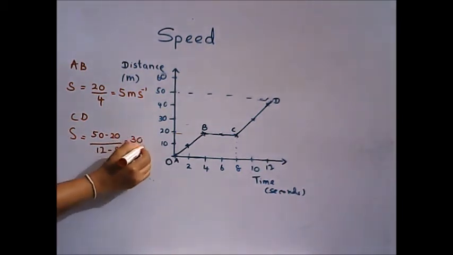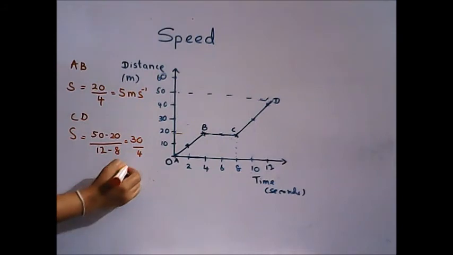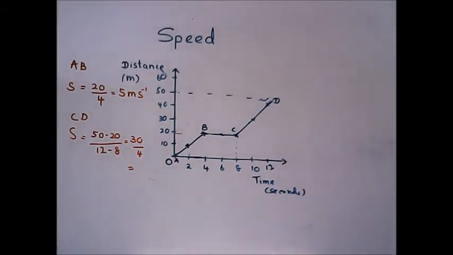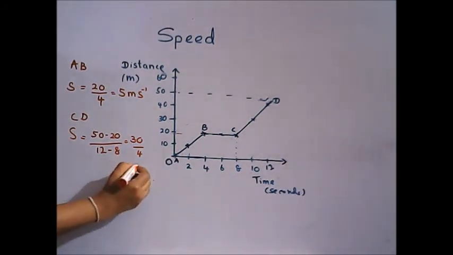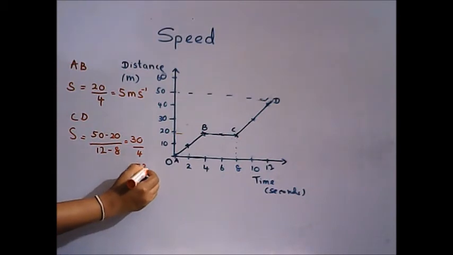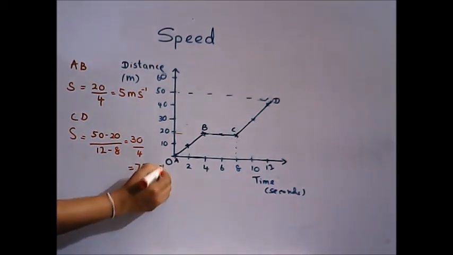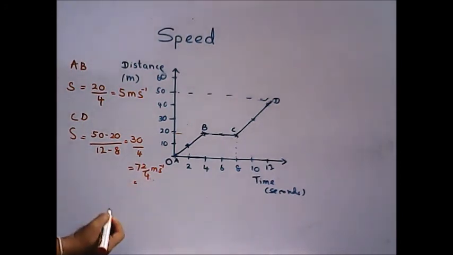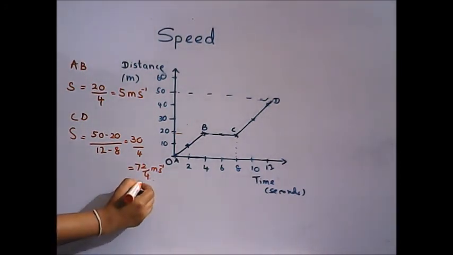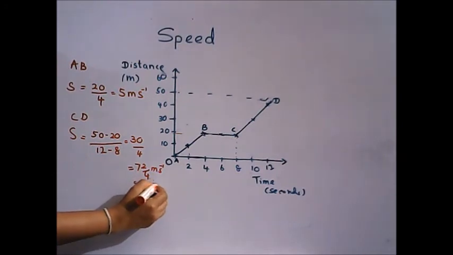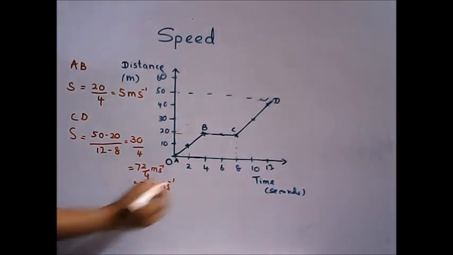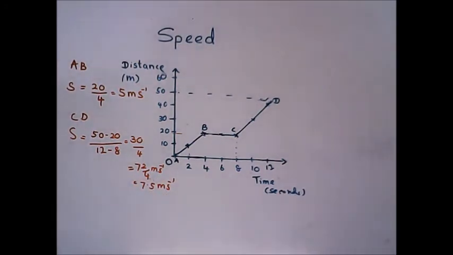Then 30 divided by 4 equals 7 2 over 4 meters per second, which is 7.5 meters per second. Then the speed is 7.5 meters per second.